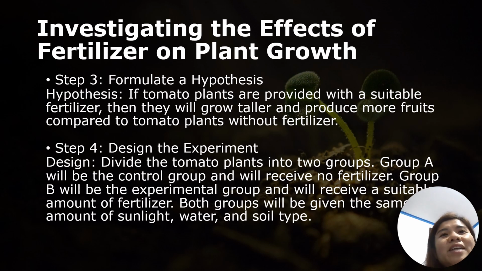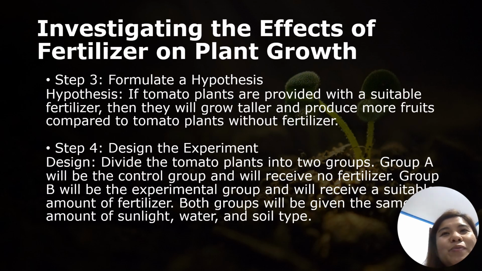Step 4, design the experiment. So, example is divide the tomato plants into two groups. Group A will be the control group. So when you say control group, it will receive no fertilizer, no? Then group B will be the experimental group and will receive a suitable amount of fertilizer.